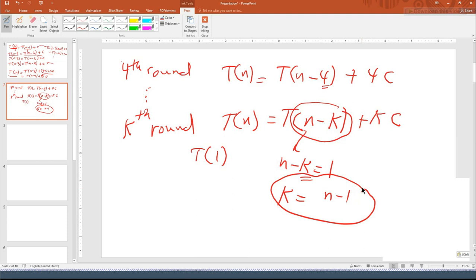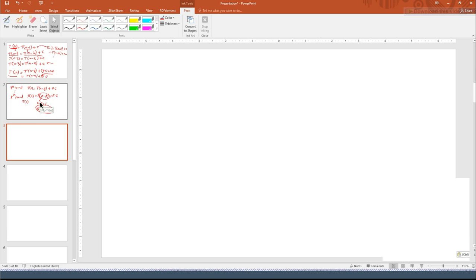What should we do? Now we substitute all the values of k by n minus 1. Wherever you see k, you have to substitute it by n minus 1. So I will write it again.